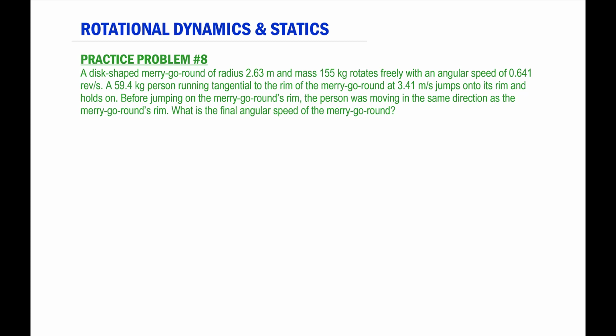So we see that we have a disk with a radius of r and a mass of, let's call it m, for the merry-go-round. This means that the moment of inertia for a solid disk would be I equals 1/2 mr squared. We also know that it has an angular speed of 0.641 revolutions per second, so we'll have to convert to radians per second at some point just to make sure the units work out.